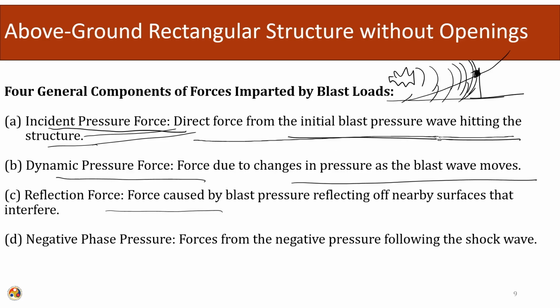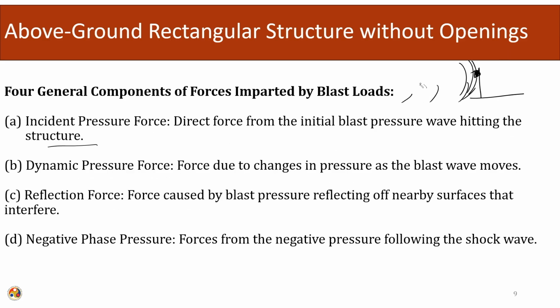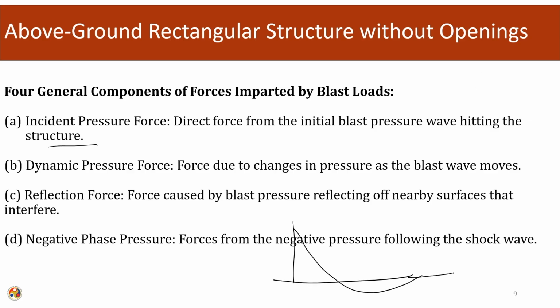So, what happens is that we have seen that each blast event will be accompanied by a negative force. We have seen that the blast wave has a positive phase duration and it has a negative phase duration. So, once the positive phase ends, the negative phase will begin. It will create a suction on the structure.